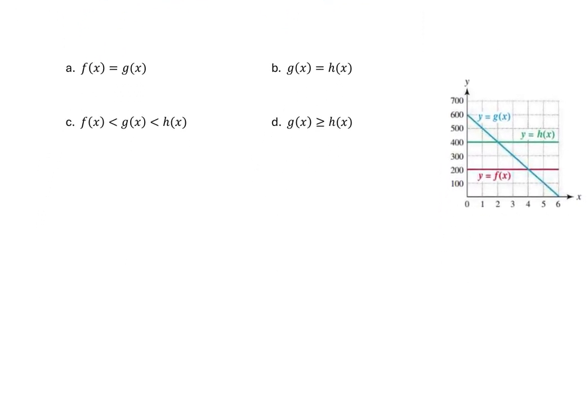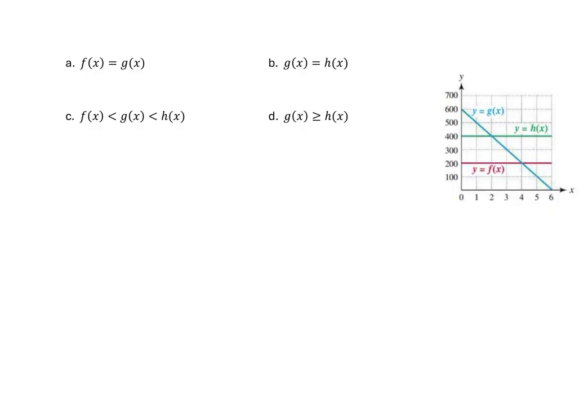All right, we're going to look at one that has 3 things going on. Don't worry about all these things. Remember, just zone in on what it is you need. For part A, we want to know where f of x is equal to g of x. f of x is my red line, and g of x is my blue line.